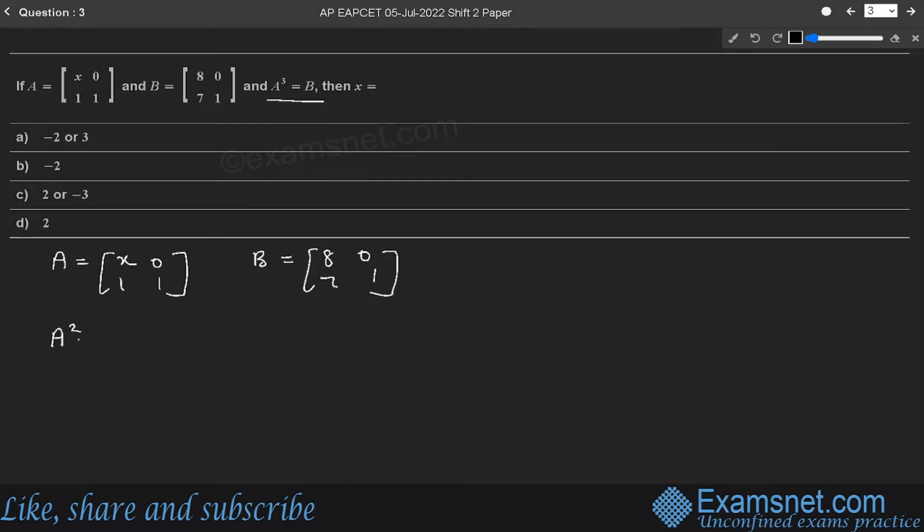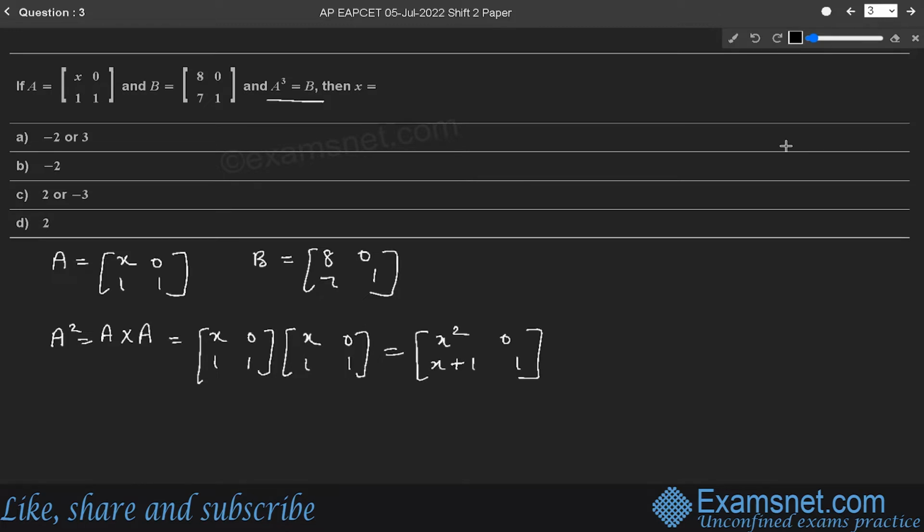We know that A square is equal to A into A. So A into A will be [x, 0; 1, 1] into [x, 0; 1, 1], which will be equal to [x square, 0; x plus 1, 1]. Therefore, A cube will be equal to A square into A, which will be equal to [x square, 0; x plus 1, 1] into A.